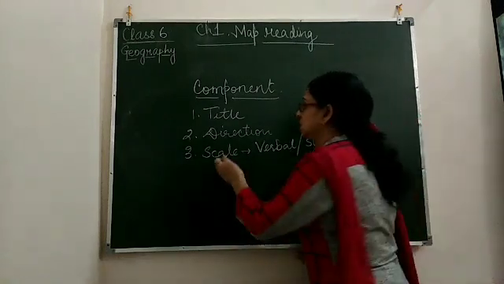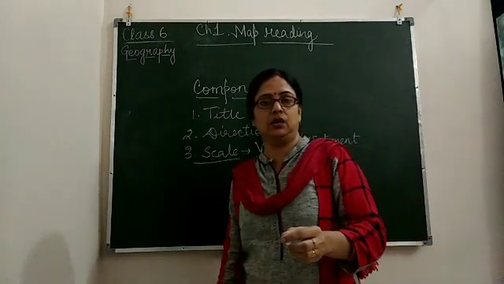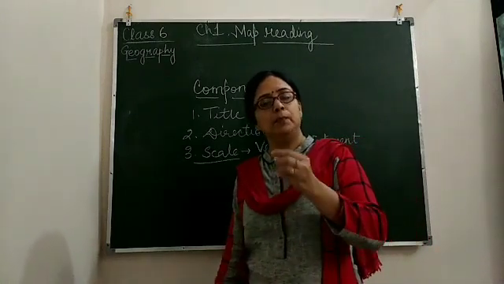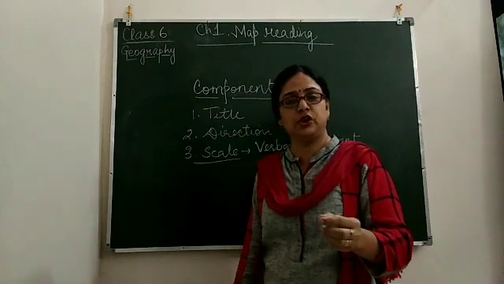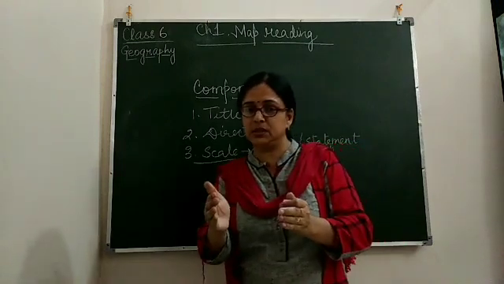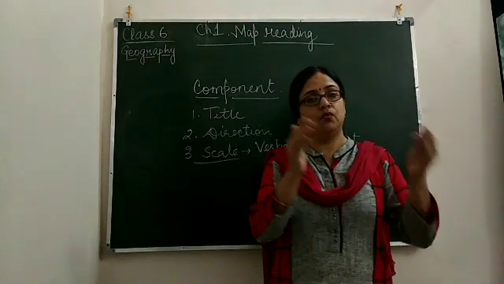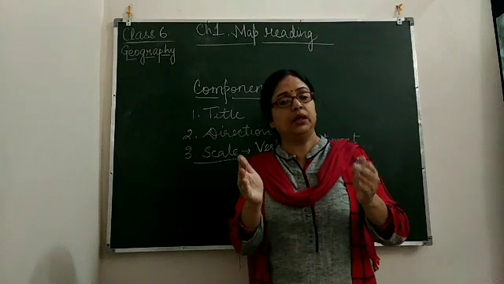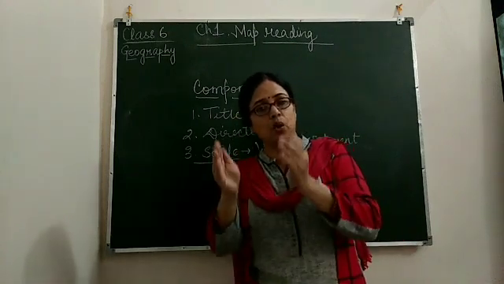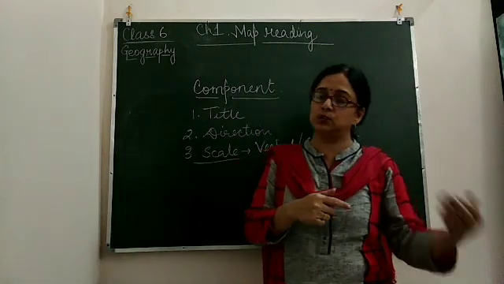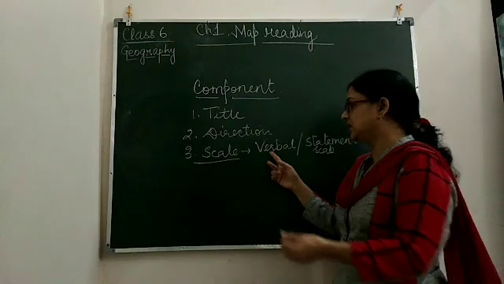What is a scale? First come to know. A scale is a measuring line which shows the relation between the map distance and the corresponding ground distance. In geography, it means what the distance on the map is, and correspondingly what the distance on the ground is. So three methods are there.